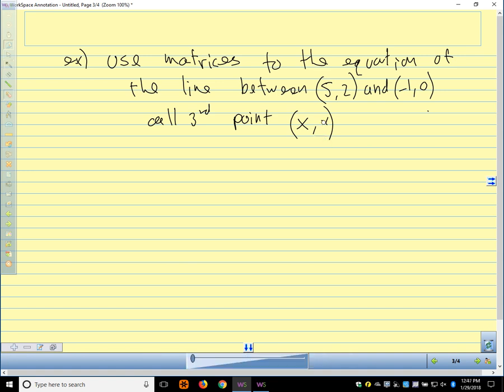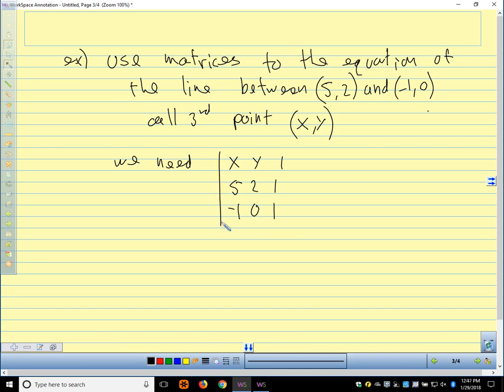Those are our variables in our equation for our line. We want these 3 points, (5, 2), (-1, 0), and (x, y), to be all on the same line. So we need the determinant of x, y, 1, 5, 2, 1, -1, 0, 1 to equal 0.